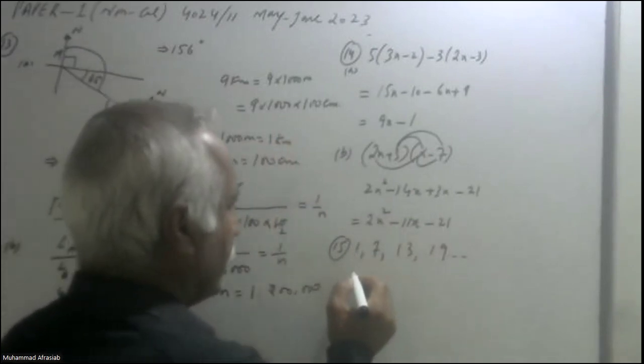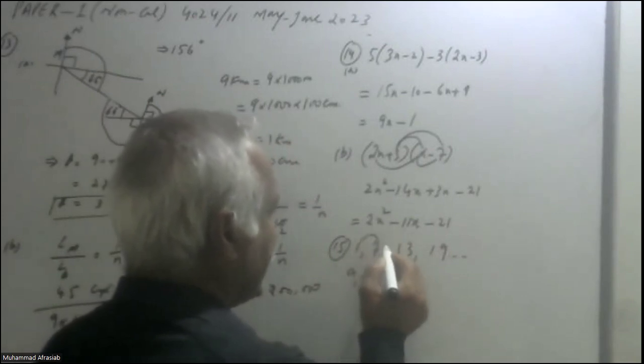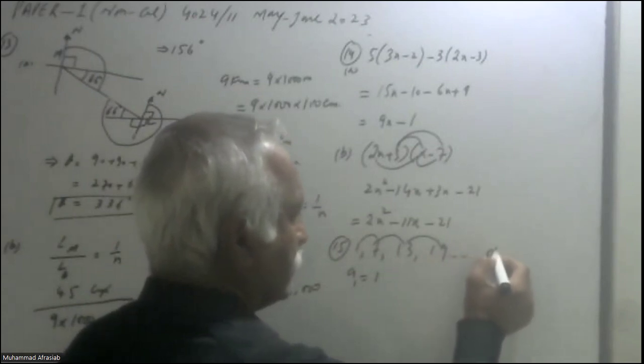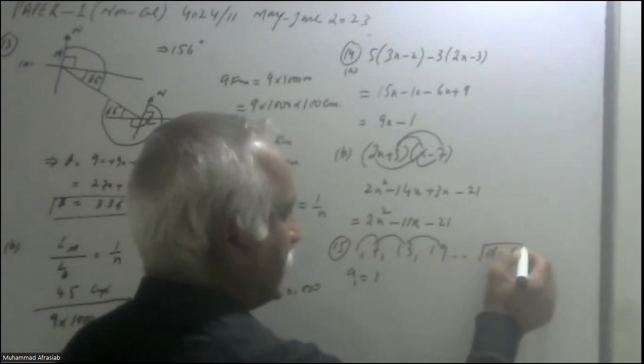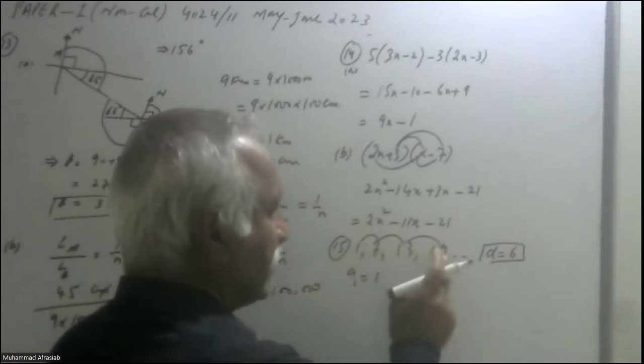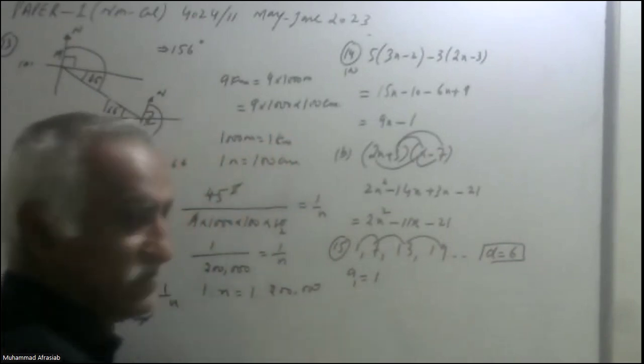Since a1 is equal to 1, because there's a constant difference between all these terms, and that is equal to 6. Because 7 minus 1 is 6, 13 minus 7 is 6, 19 minus 13 is 6. But here we use this pattern there.